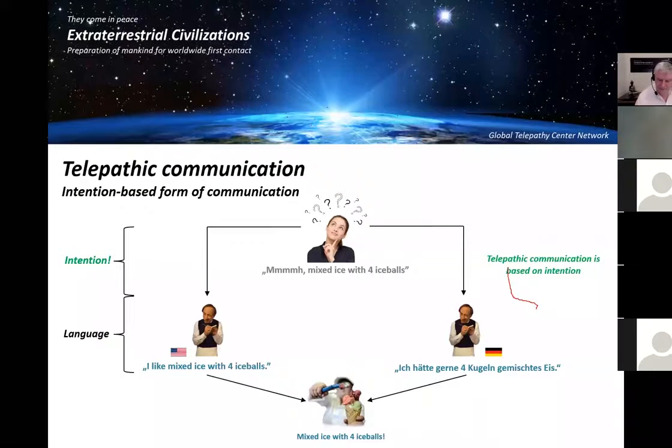And that is very interesting, because if you have an intention and you say something different, for example, if somebody is lying to you, you can recognize that he is lying, because there is a conflict between the intention and what that man or woman is saying. So it is very important that, if we use telepathic communication, we start with a pure, clear intention, right?